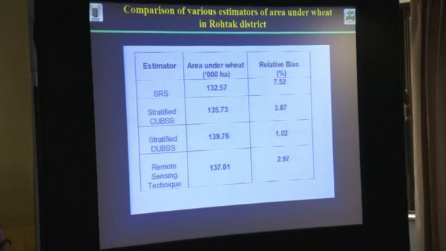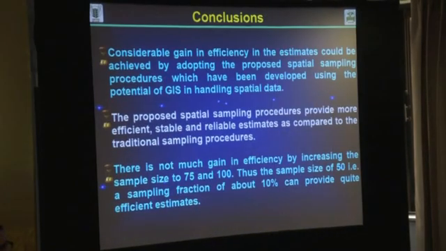That is, area under wheat in that year was reported by simple random sampling as 132, then stratified cubs, stratified dubs, and traditional remote sensing techniques. So we had very low relative bias for stratified dubs, followed by stratified cubs. That is 1.02 and 3.87, and then the remote sensing technique, and then simple random sampling.